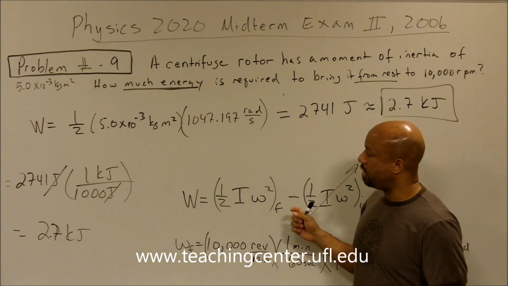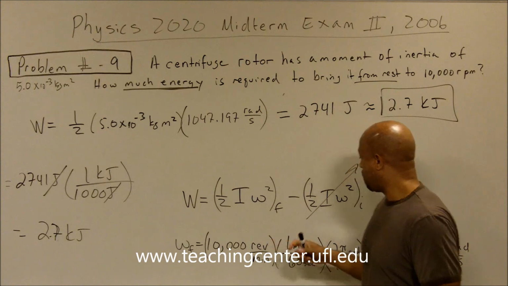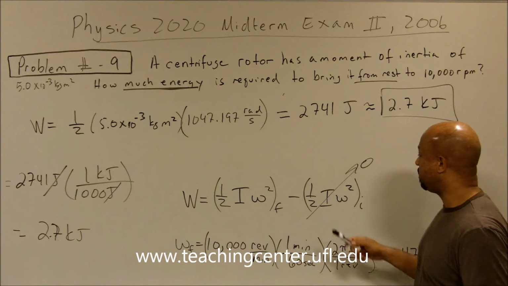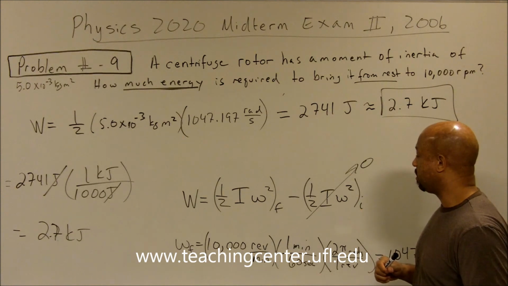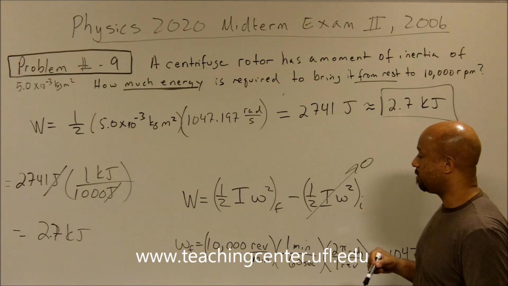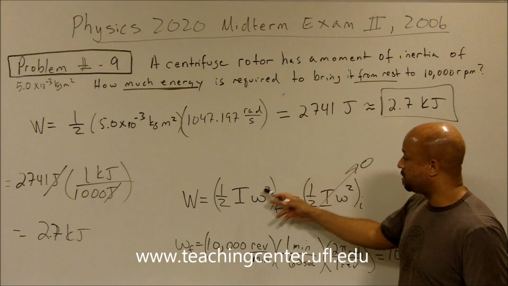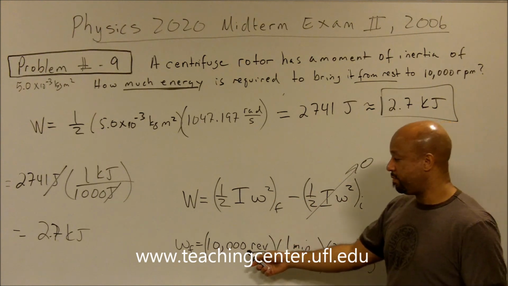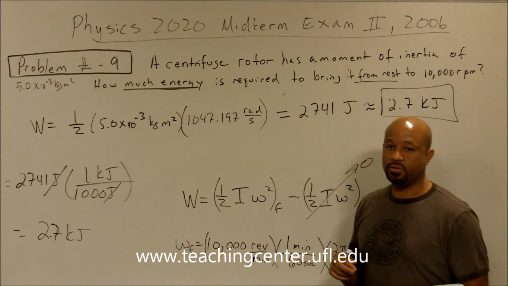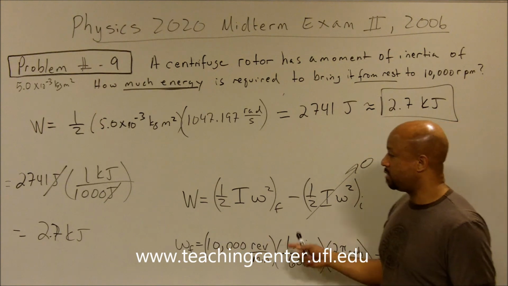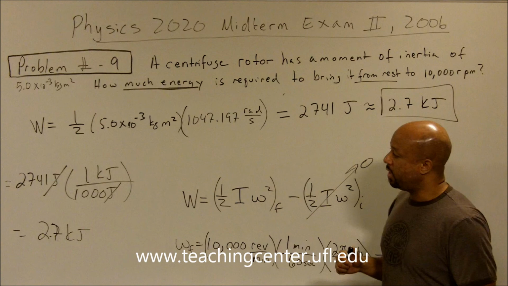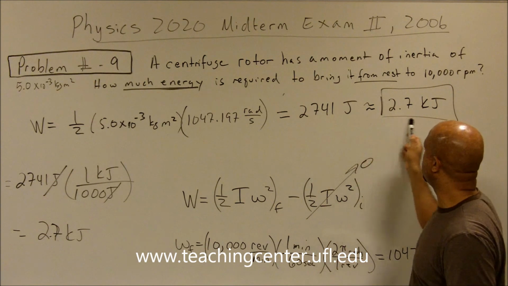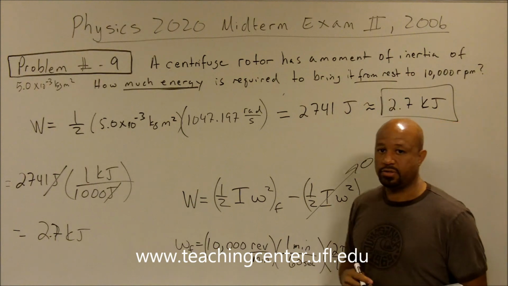And as soon as we had that information, we knew that we could basically eliminate this part of the equation because there was no initial angular velocity. So we just simply substituted the information into here. We had to convert our angular velocity to radians per second because our answers were in kilojoules. And after that, it was simply substitution, and we got an answer of 2.7 kilojoules.